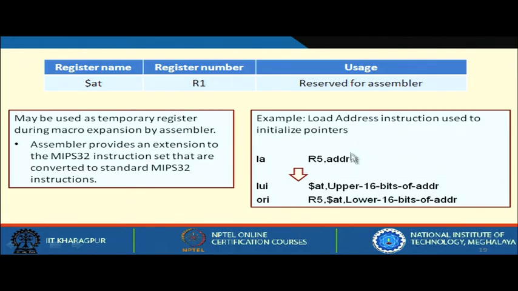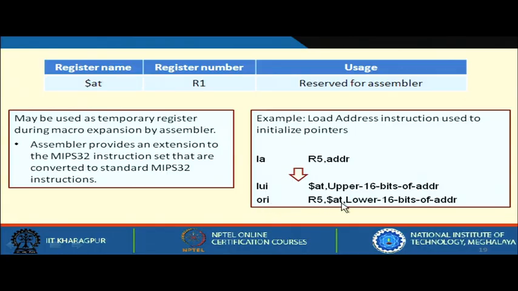But this instruction is not there in MIPS. So, how will MIPS see this? MIPS will convert this into a set of two instructions: LUI, load upper immediate, where the upper 16 bits of the address are loaded, and then an OR immediate.